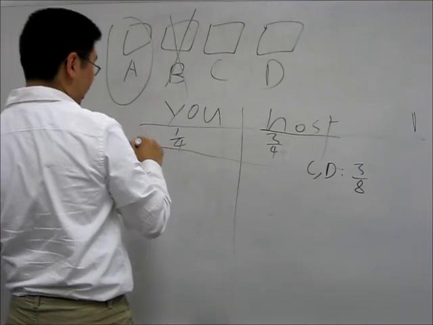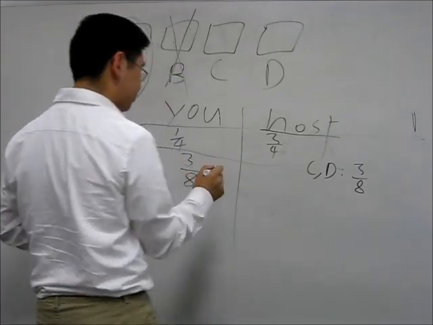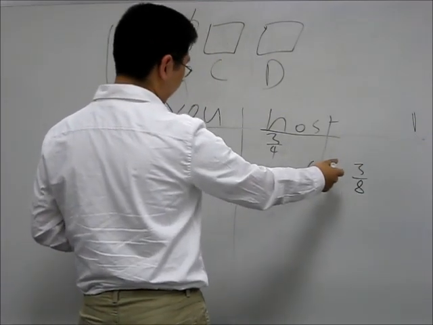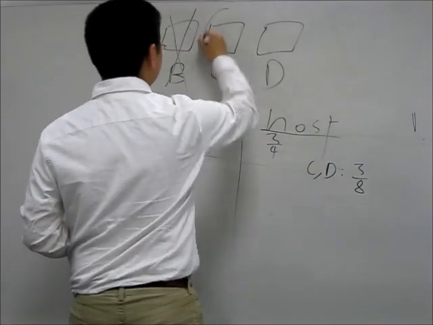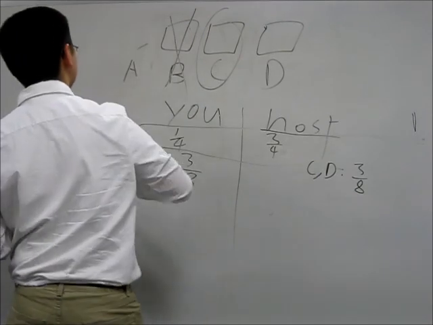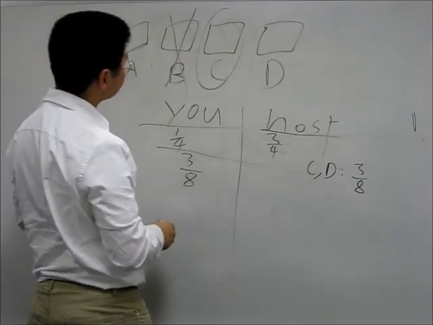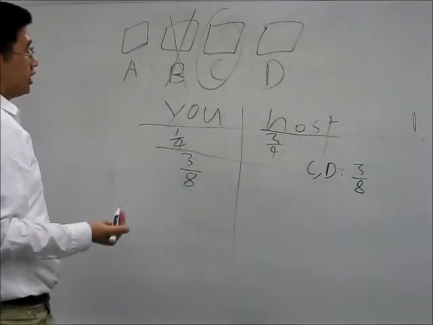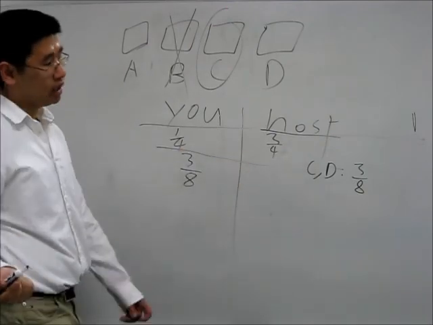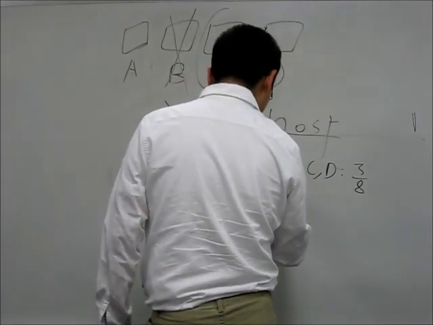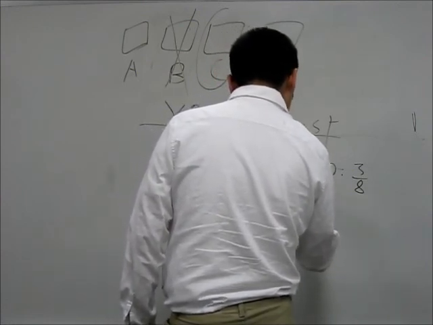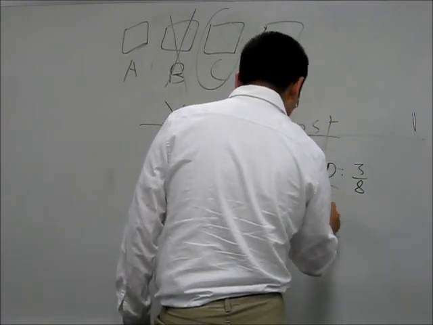If you switch, you get 3/8, and the host gets the other, 3/8 plus 1/4. So let's say you choose C. Then you have a 3/8 chance, and the host has A and D, which combine to have a 5/8 chance.